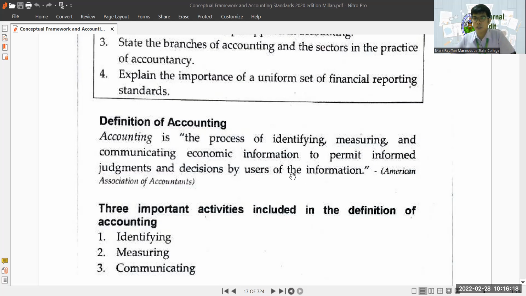Medyo mahaba, pero unawain natin yung mga words. In particular, itong tatlong important activities: identifying, measuring, and communicating. Dyan tayo magpo-focus, kasi ito yung proseso ng identifying, measuring, and communicating the economic information for the users to make their decisions wisely.